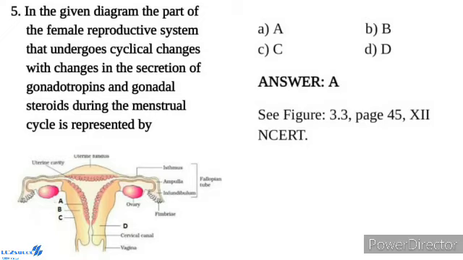The opening of the vagina is often covered partially by a membrane called hymen. The clitoris is a tiny finger-like structure which lies at the upper junction of the two labia minora above the urethral opening. The hymen is often torn during the first coitus, that is intercourse. So the correct answer is option A.